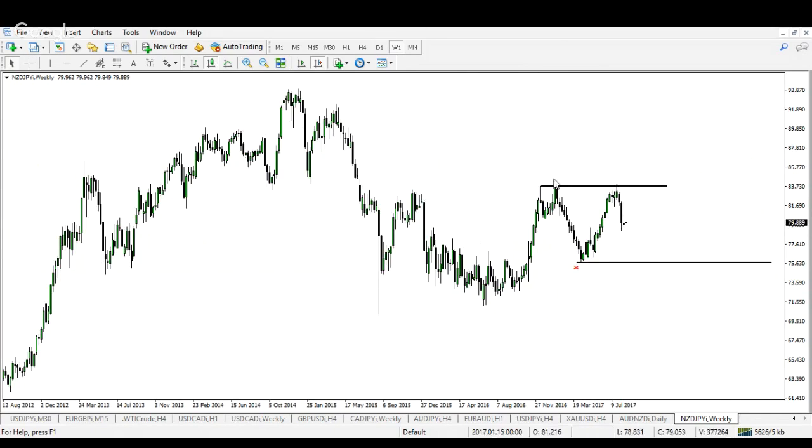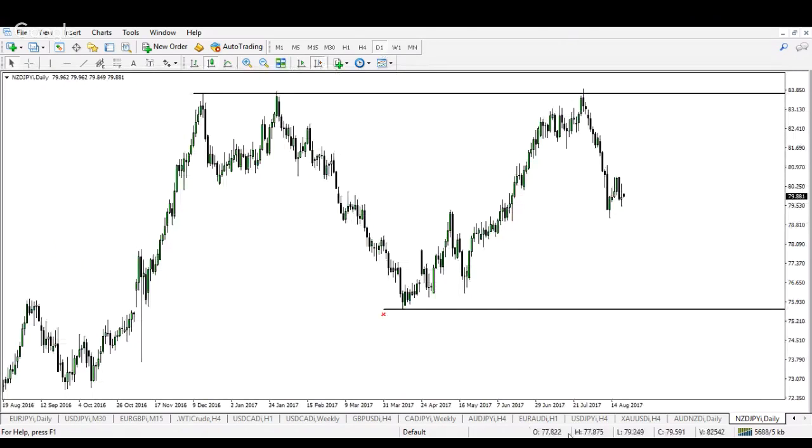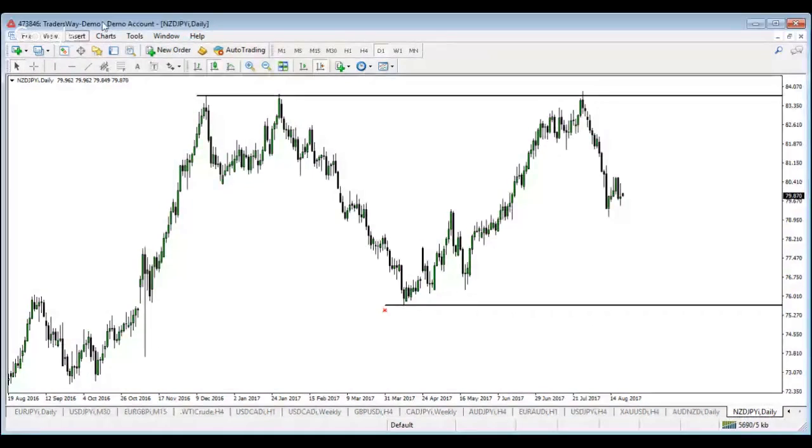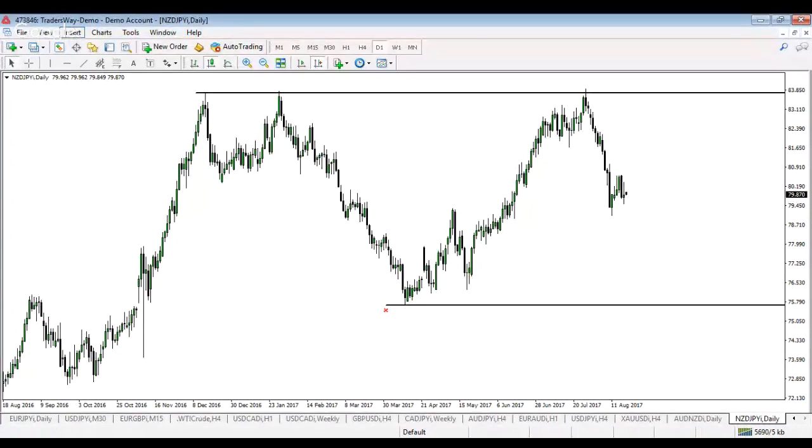Knowing that, let's look on the daily and see what we have going on here. The first thing I see is this down candle right here. To me, this down candle is the last down move.